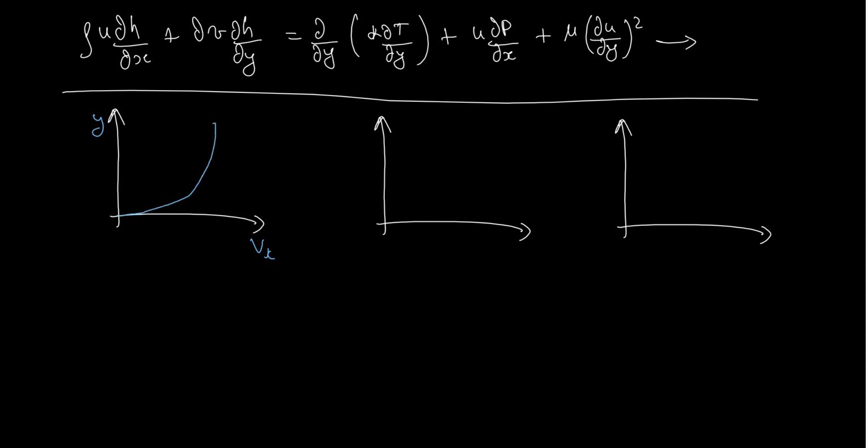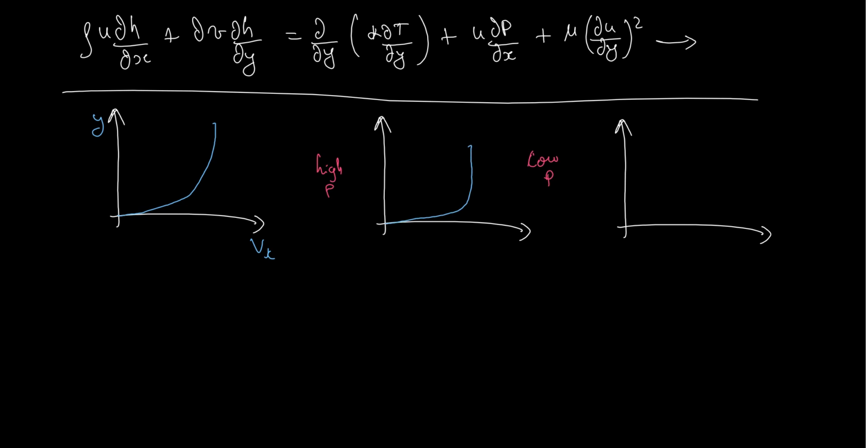Suppose I have a pressure gradient along the flow, which means I have a high pressure on this side and a low pressure on this side. That means the flow is traveling from a high pressure region to a low pressure region, so it is a favorable pressure gradient. It is supporting the flow. What happens is the boundary layer becomes like this, with a steeper gradient here.